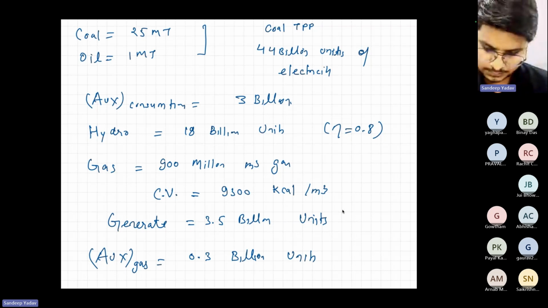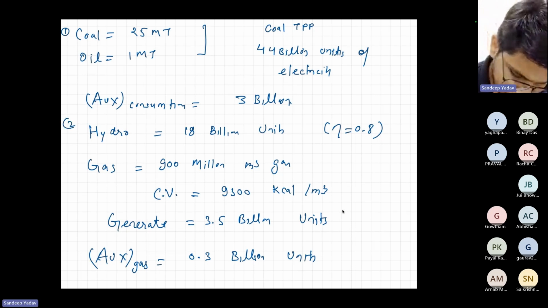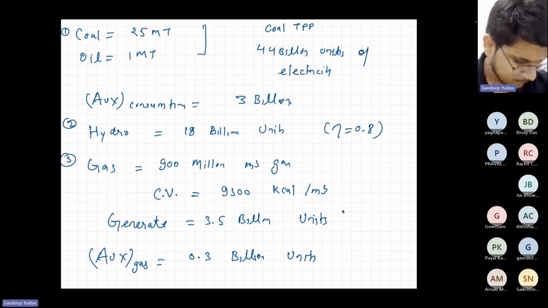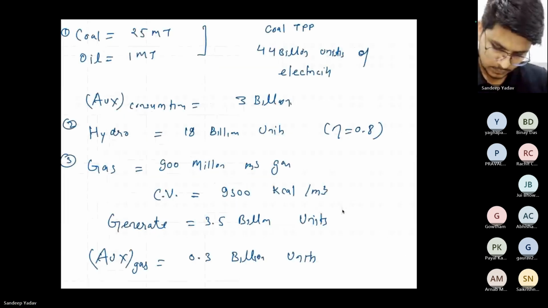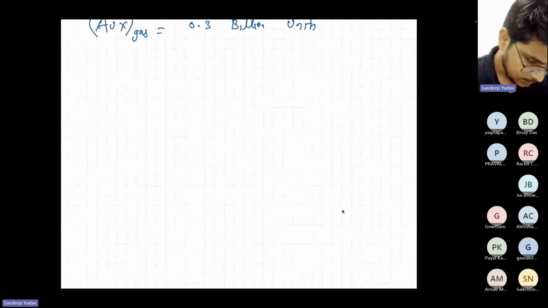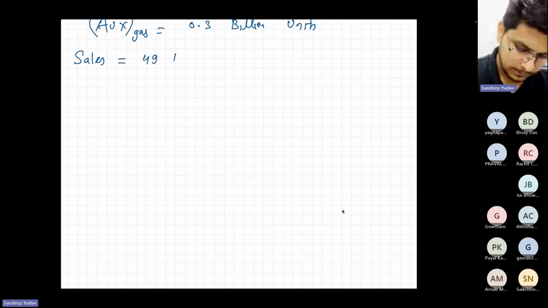So that's why we are just combining it. That will be the one part. Second is the hydro. Third will be the gas plant. Now, combinedly, if you see, the sales is 49 billion units.